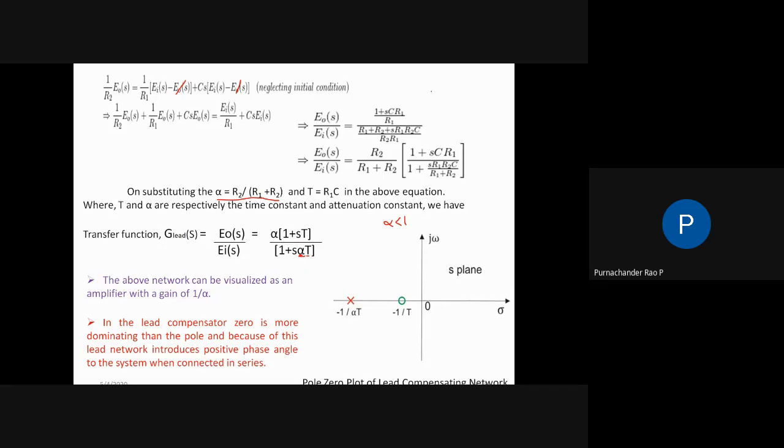Similarly, you can also take the PI controller, which is just a general approximate analysis with the PD controller here.